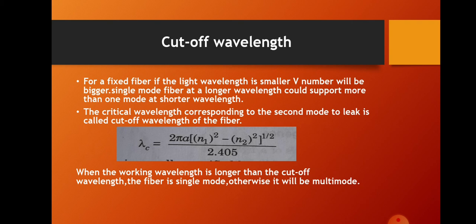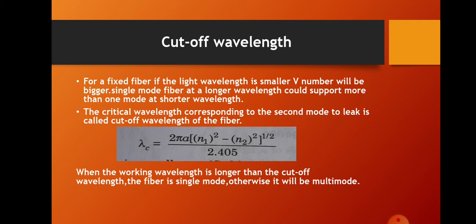The critical wavelength corresponding to the second mode to leak is called the cutoff wavelength of the fiber, defined as lambda c equal to 2 pi a into (n1 square minus n2 square) all raised to 1 by 2 divided by 2.405.